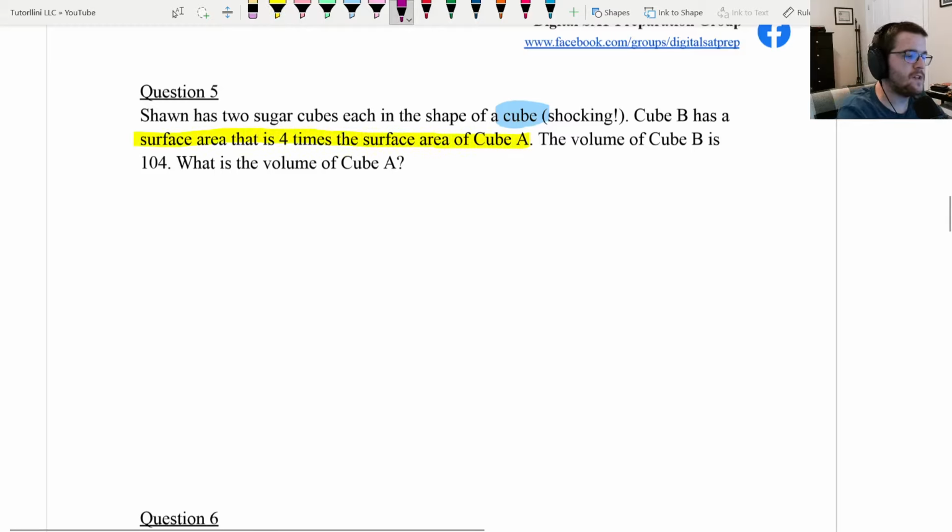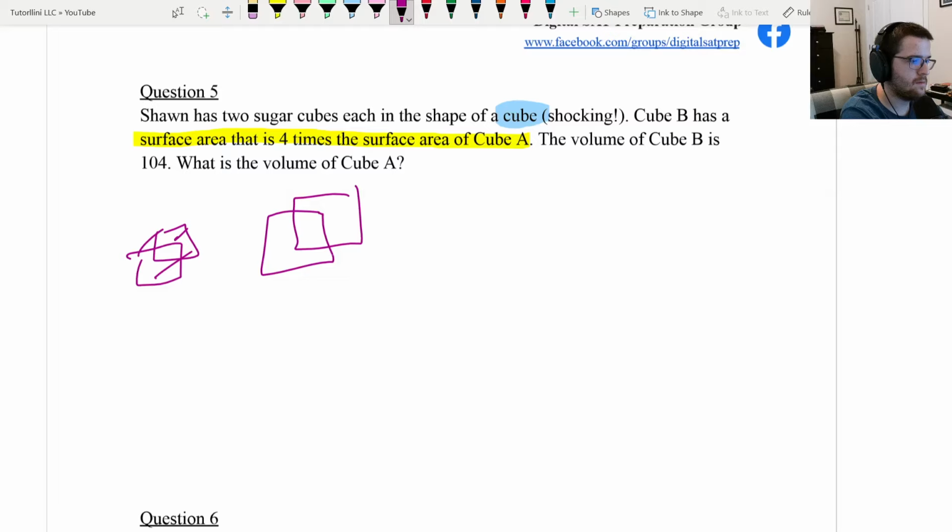So it has a surface area that is 4 times the surface area. Okay, so let me draw some cubes here. I believe cube B is the bigger one based on how it's phrased.